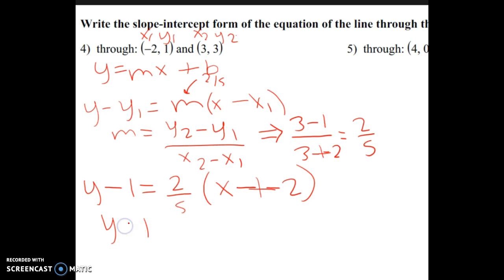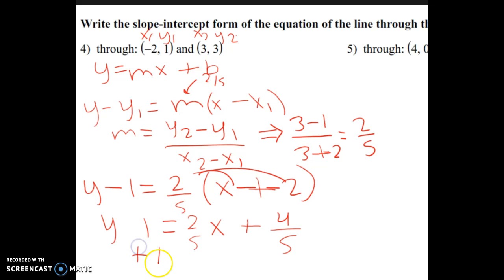Y minus 1 equals 2/5. We're going to distribute. So 2/5 x plus 4/5. And that should be a minus. It doesn't want to keep my writing for some reason.